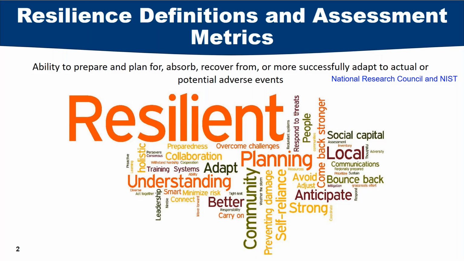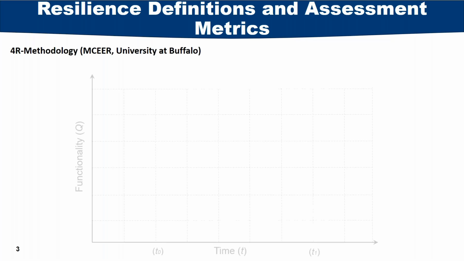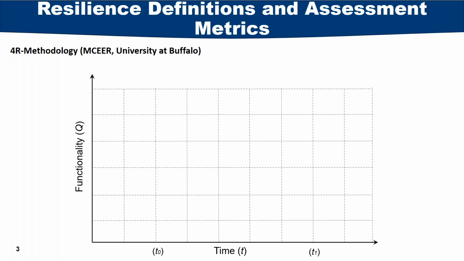With this, moving forward, there are also many different assessment metrics. The most famous one is called the 4R methodology, which was developed at University at Buffalo. On the horizontal axis, you can see the time, and time 0 is the time of the event. Time 1 is the time where it's anticipated to recover.